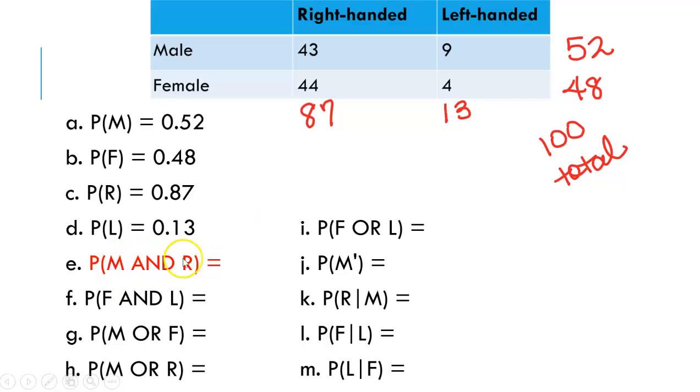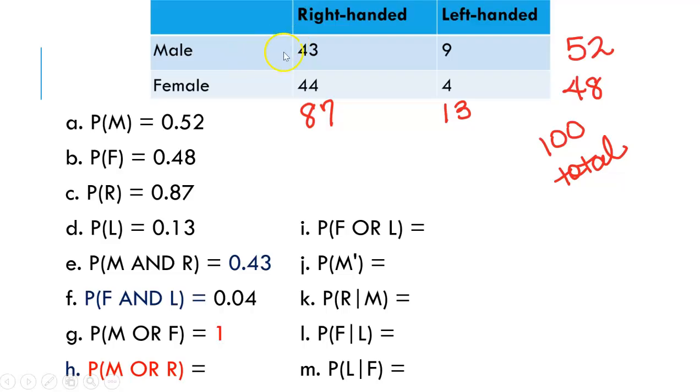Probability of male and right-handed, so the only ones that are male and right-handed are these 43 out of the 100. Female and left-handed would be these 4 females that are left-handed. Male or female would have to be 1 if you add the males and the females together. Male or right-handed.